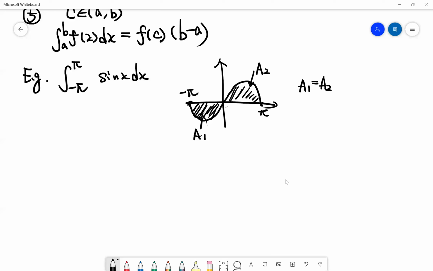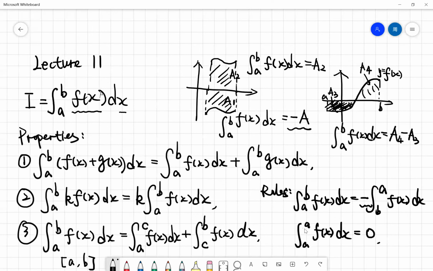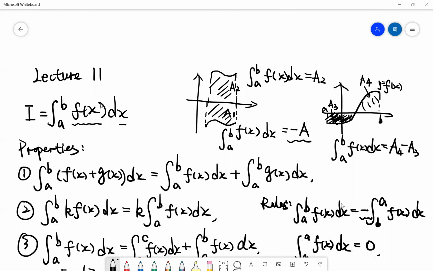And we will use the geometric meaning for calculating the definite integral here. Here we use this equation, right? If we have a lower part and an upper part, that means the positive part minus the lower part, right?